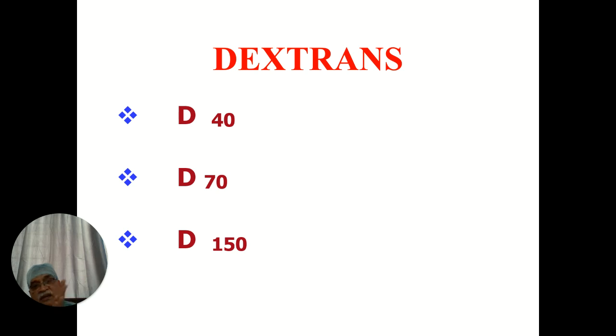Thereby, platelet aggregation which occurs during the shock states, it prevents, thereby microcirculation is likely to improve. Similarly, patients with thrombotic strokes, this is a good solution, low molecular weight dextran. Action lasts for 6 hours, 70,000 for 12 hours, 150,000 for 24 hours.